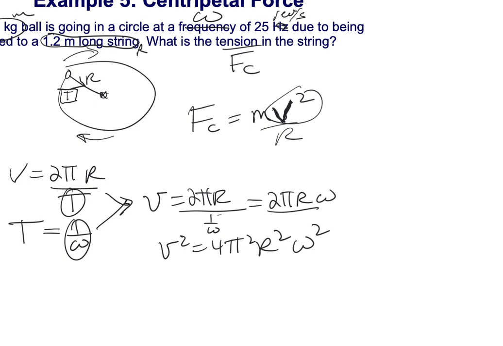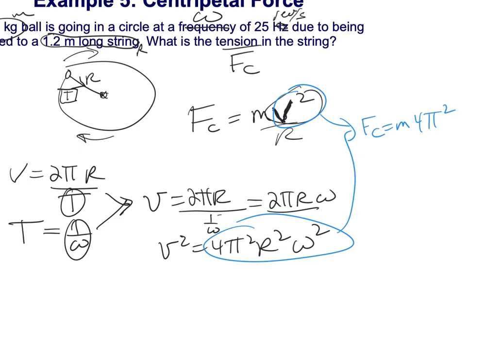So at this point, I'm going to substitute this in for the v squared and see if it fits here. Fc equals m times 4 pi squared r squared omega squared over r.